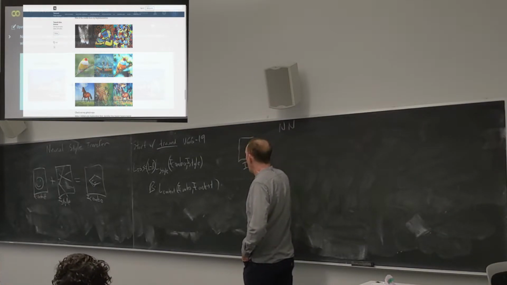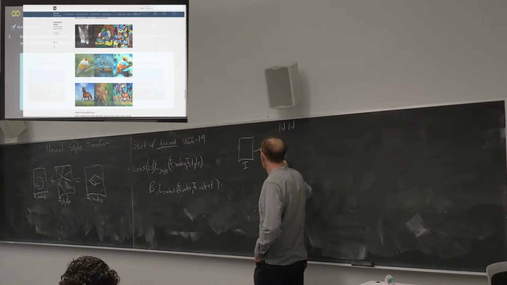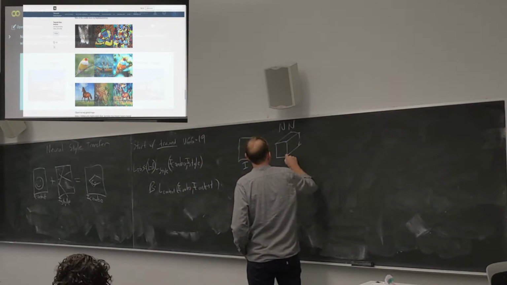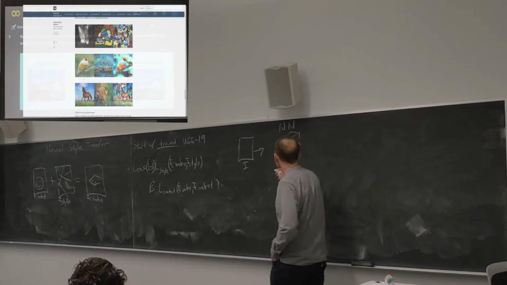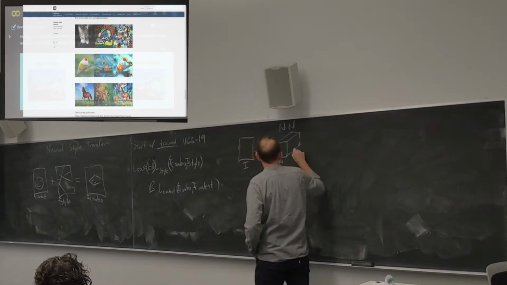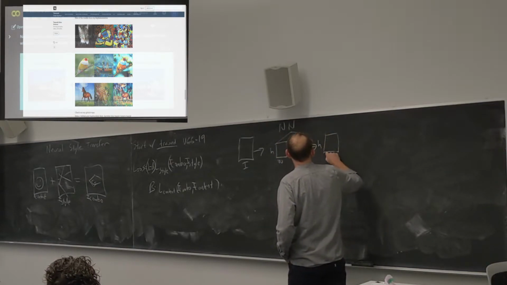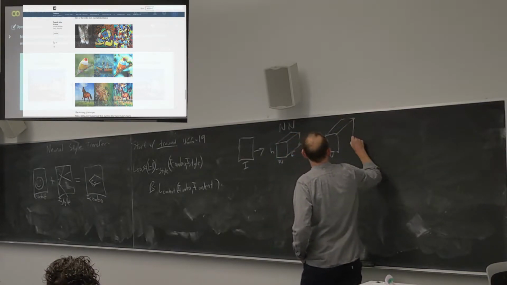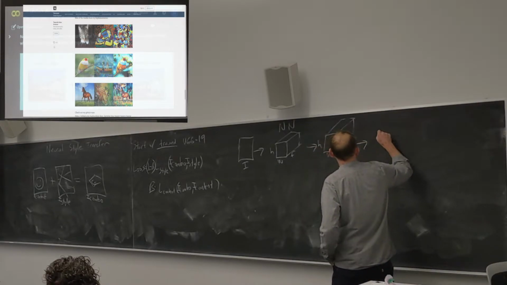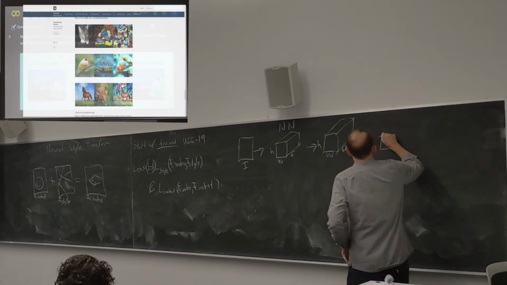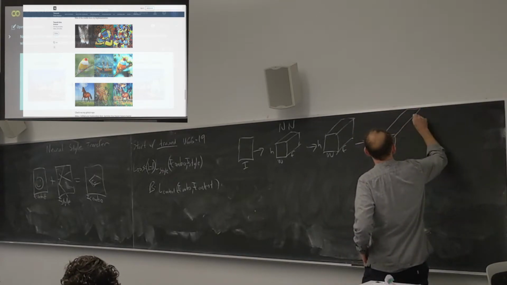We have the output of the first layer, which looks like some set of activations, some height times width times the number of features. And then that gets transformed. Sometimes it's the same size. Often that turns into a smaller height and width, when we reduce the size. And often when we do that, we increase the number of features.